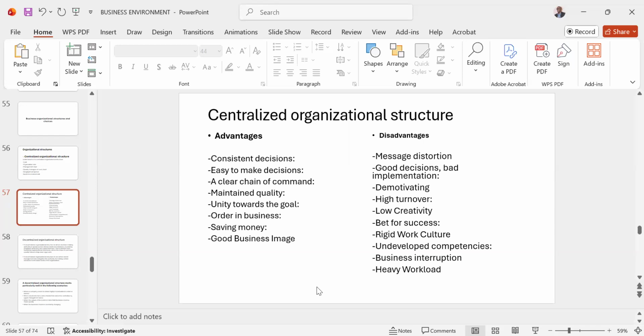Then, when it comes to decision making, usually they have good decision makers at the top. I told you before. Most of them are executives. They are professionals. So making decisions is not new to them. They already know because of the vast experiences that they've had. But the only problem there is the bad implementation.